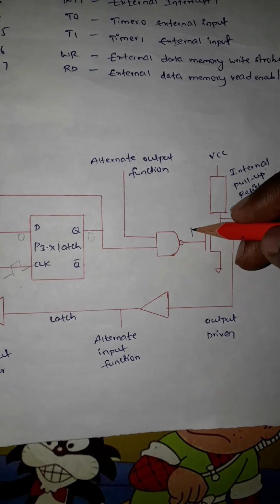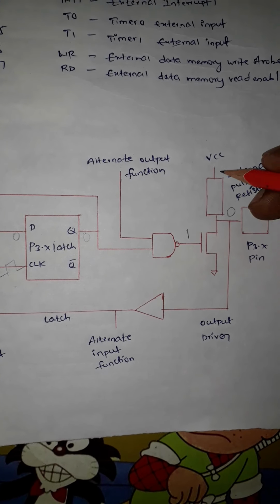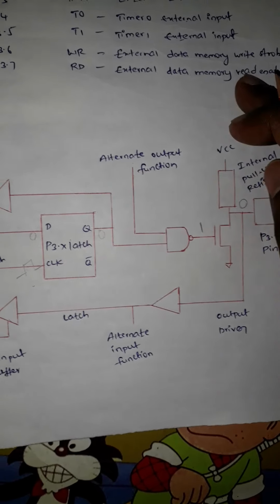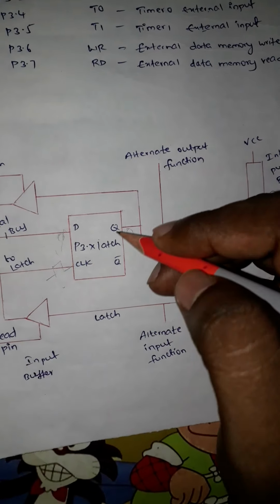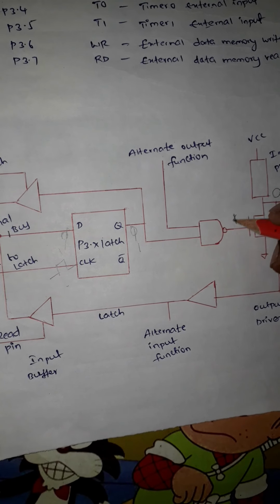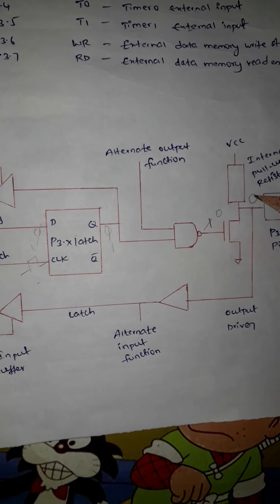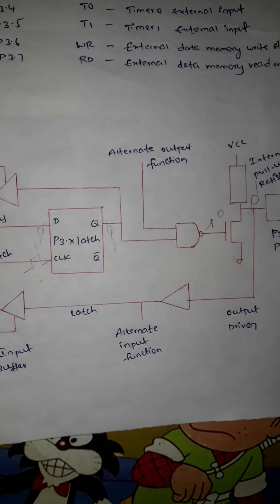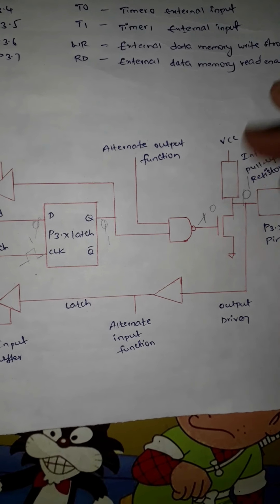If the NAND gate output is high, then it drives the transistor to the on state, and you will get the value 0 here. Whereas for input 1, the Q value should be 1, and the output of the NAND gate should be 0, then only will we get the output as 1. So this is the alternate output and input functions.